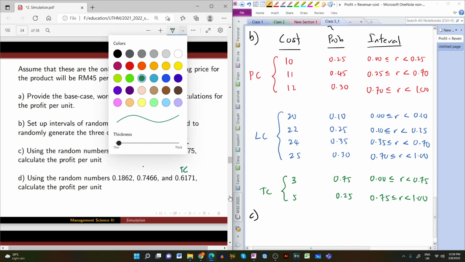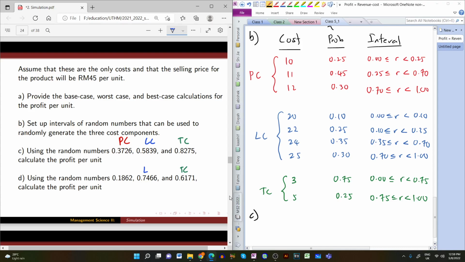So for the profit for these three numbers in C, 0.37 is somewhere here, so you choose this one.